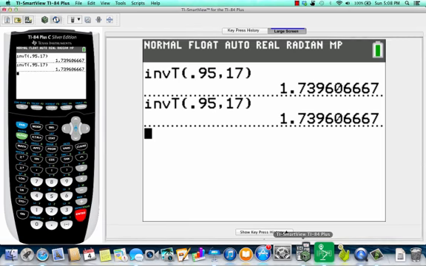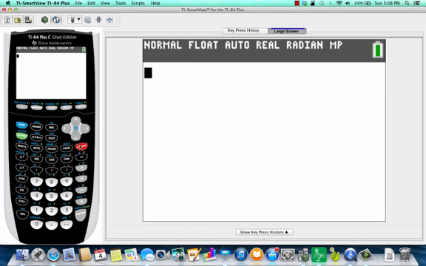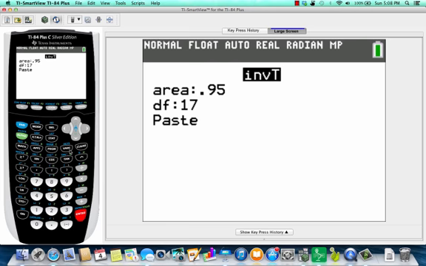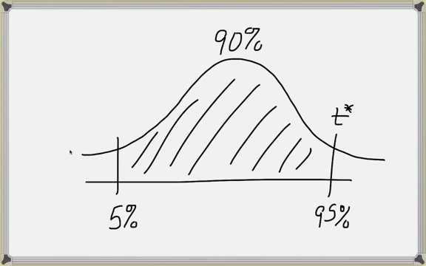Now to show that in the calculator, again, we're going to go to our inverse t. And again, it asks for an area and it asks for degrees of freedom. So let's think back to our picture. Now we want to show 98%.